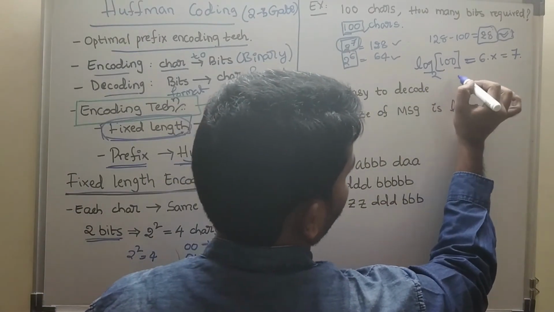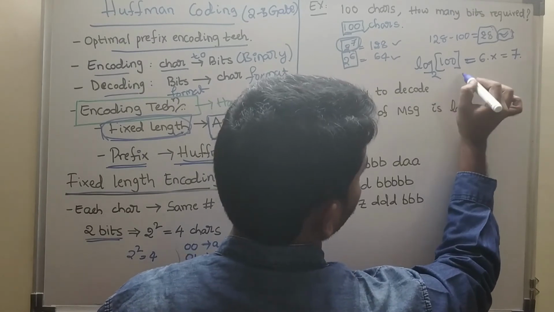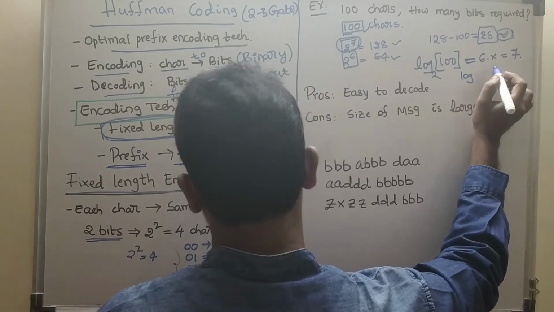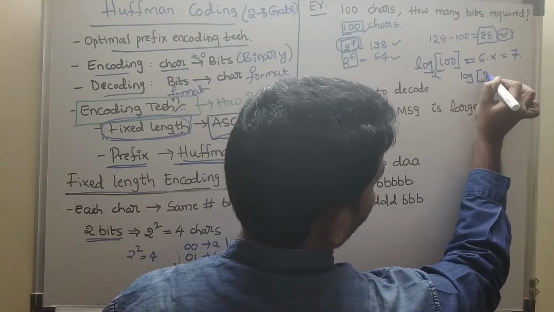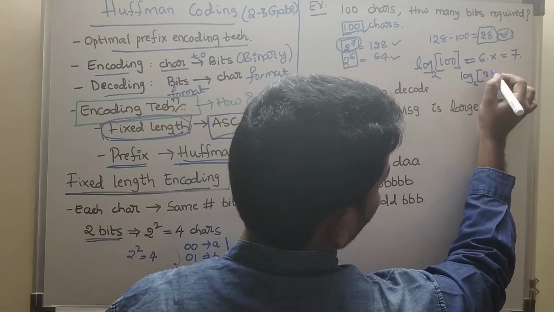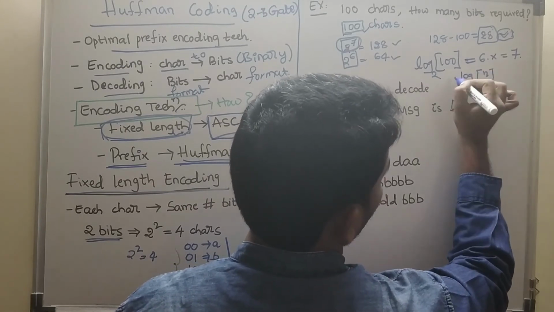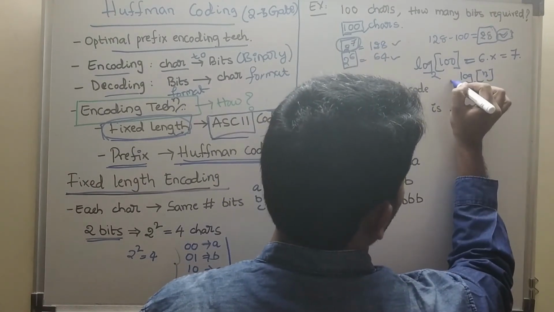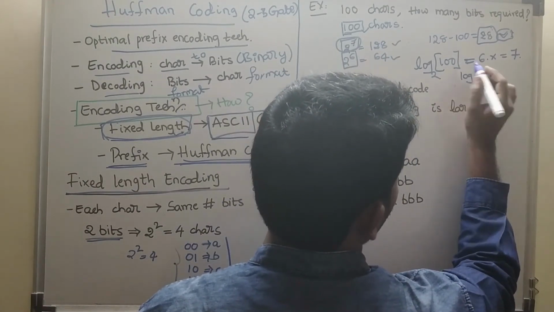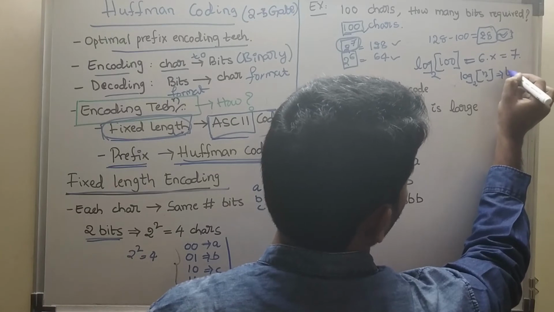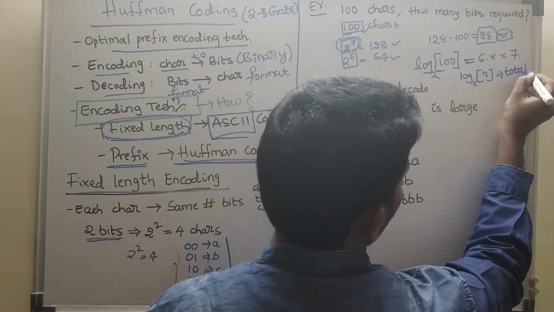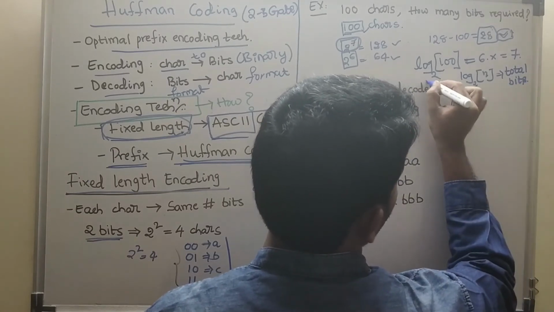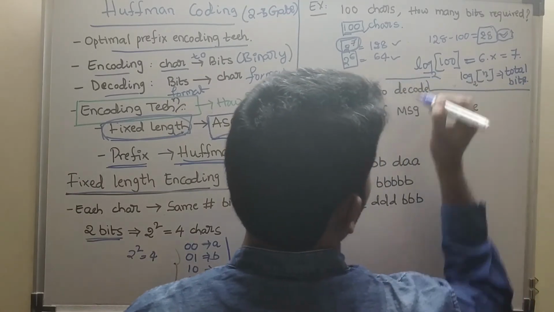If you want to represent n characters, then log n base 2 is the total number of bits. That implies the total number of bits for n characters.